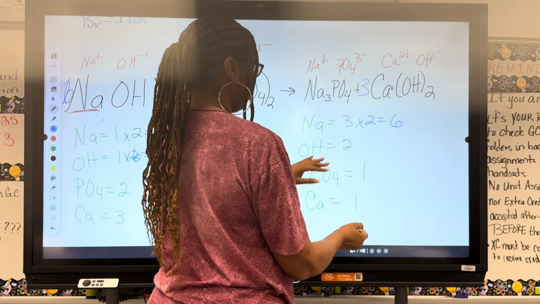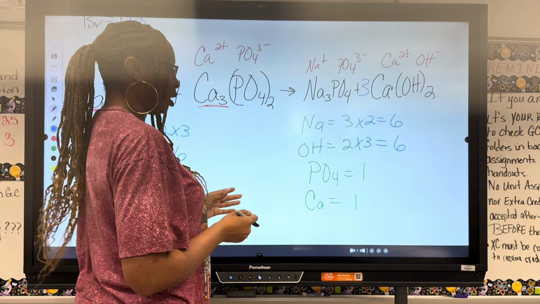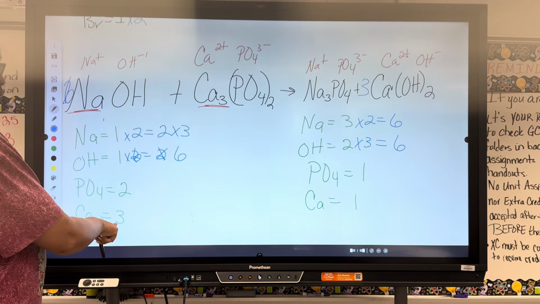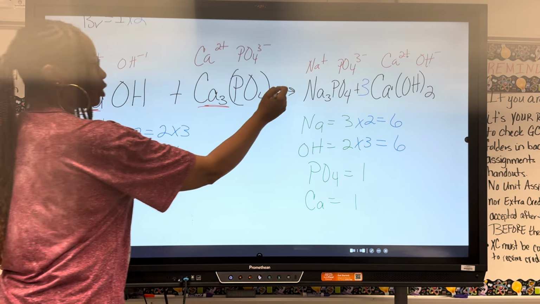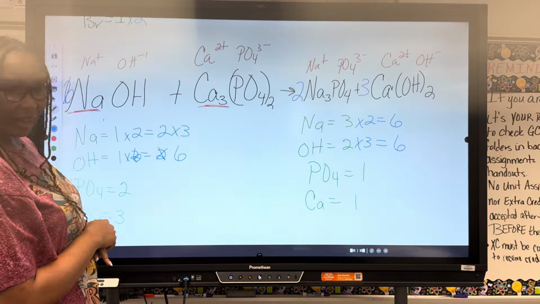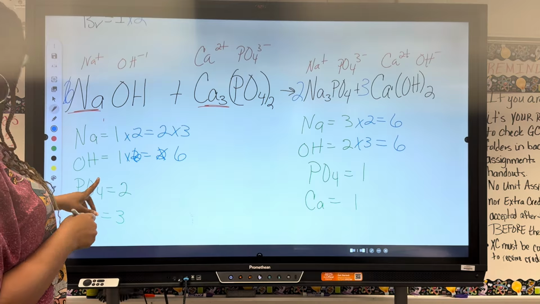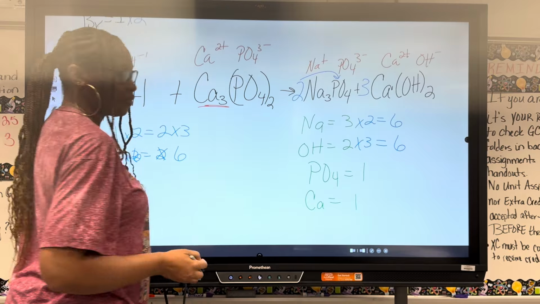I put a 3 in front of it, which is going to give me 6 hydroxides. Also gave me 3 calciums. I come back, boom, 3 calciums. The 2 I forgot to write here in front of this. All right. And now 2 phosphate groups, and boom, 2 phosphate groups.